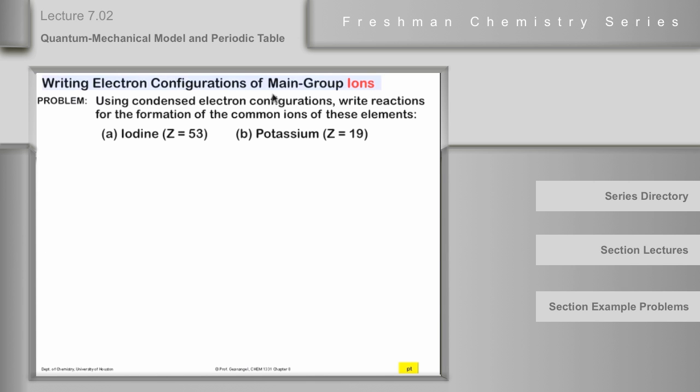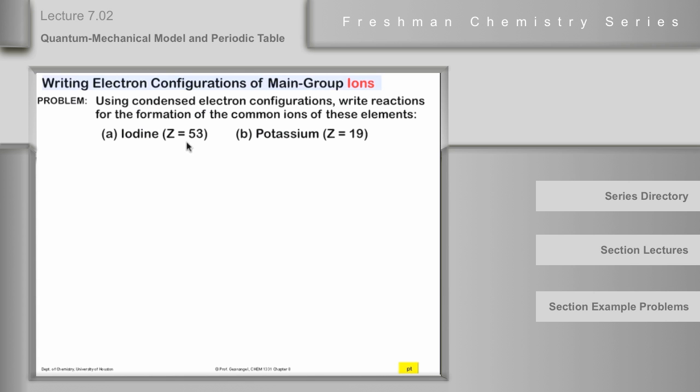Write the electron configuration of these main group ions. Okay, now we have to hark back. We learned how to predict ions way back in chapter 2, actually. And they want the condensed electron configuration and to write reactions for the formation of the common ions of iodine and potassium.